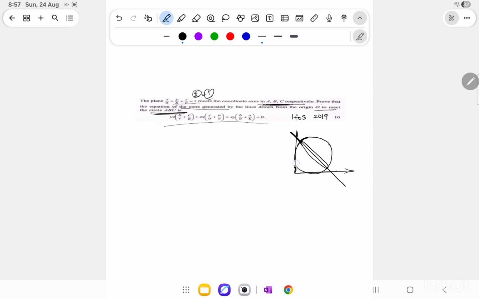We are supposed to find the equation of cone which is generated by lines drawn from origin to the circle. So you'll assume this as base circle and then you can go ahead with that. So let's move on to the next question.